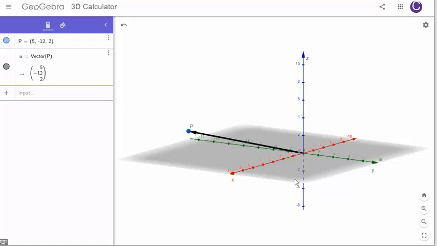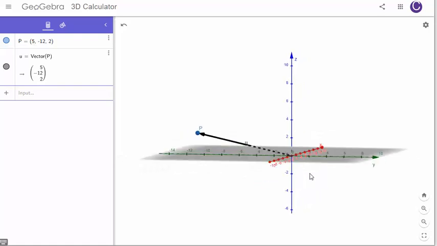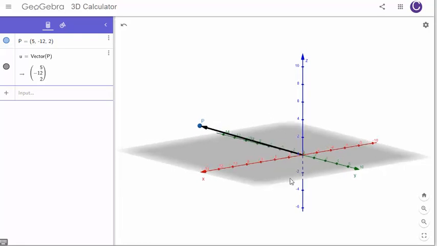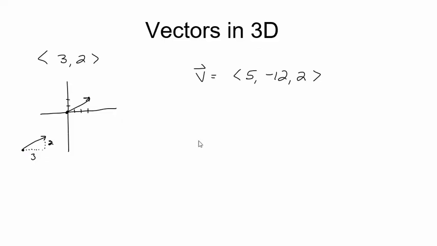So the next question is, what's the magnitude of that vector? Well, we just did the distance formula, right? And the magnitude is the distance between these two points. So let's go back over here and let's find the magnitude of vector v.